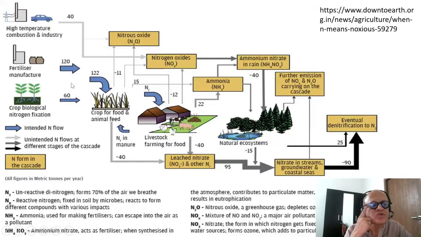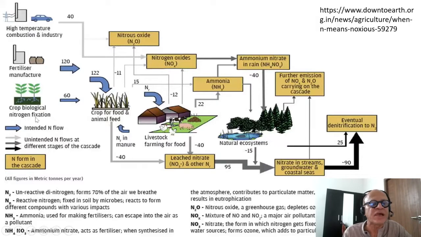Okay, so I won't go through all of them, but you know that fertilizer manufacture is a massive source. You can see here it's an intended nitrogen flow of 120 metric tons, and we are using it for crop food and animal feed.